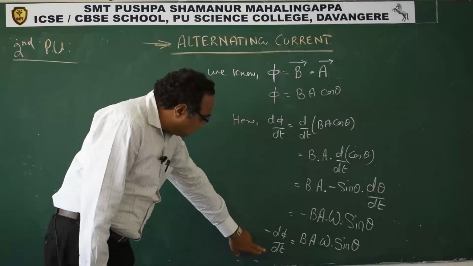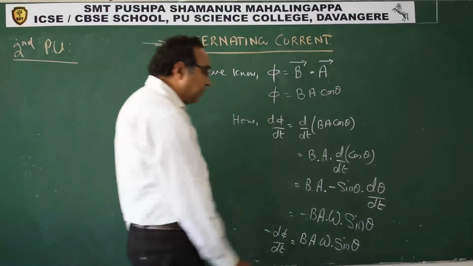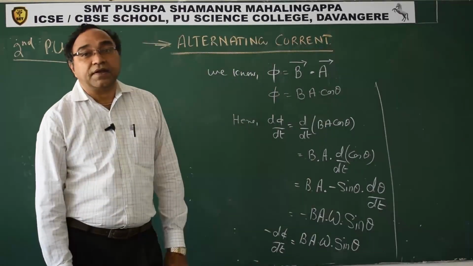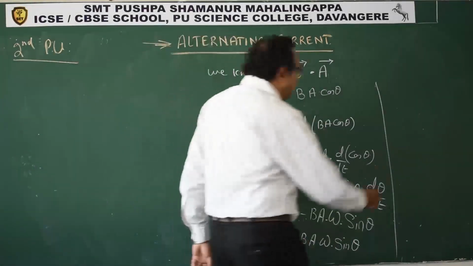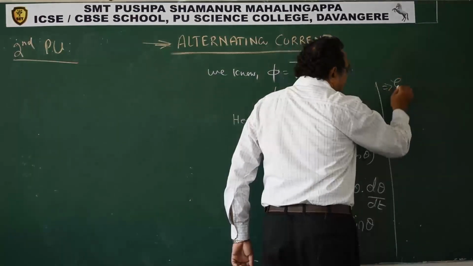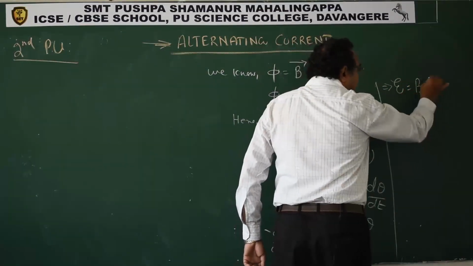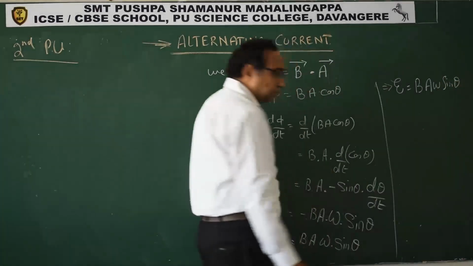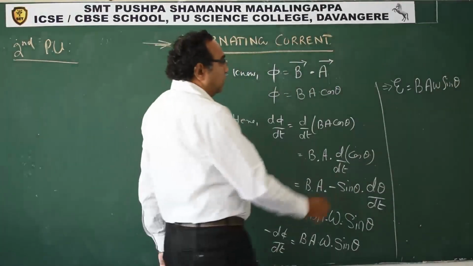What is minus d phi by dt? It is induced EMF, that we have seen, that minus of d phi by dt is induced EMF. So therefore we can say induced EMF is B A omega sin theta.